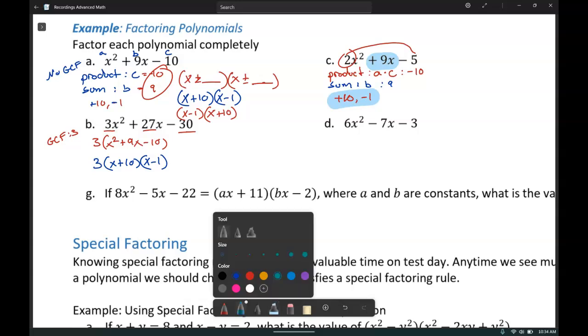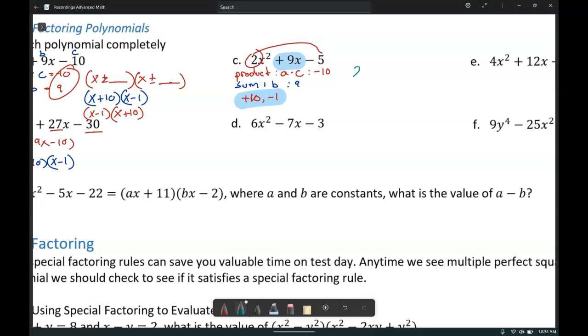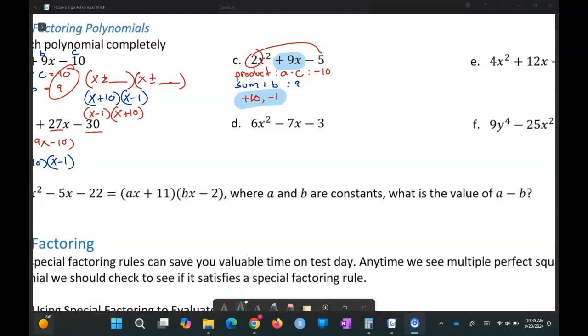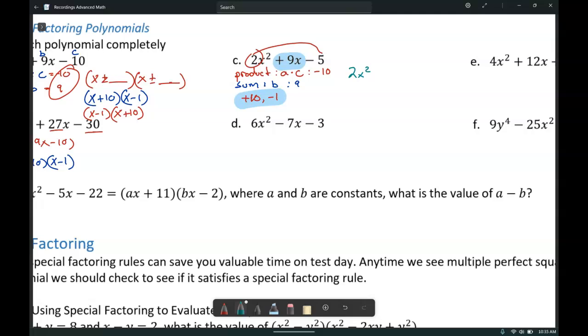So we'll rewrite the equation as 2x squared, and we're going to split 9x into 10x and -1x, minus 5. So we split the term 9x into those 2 terms.